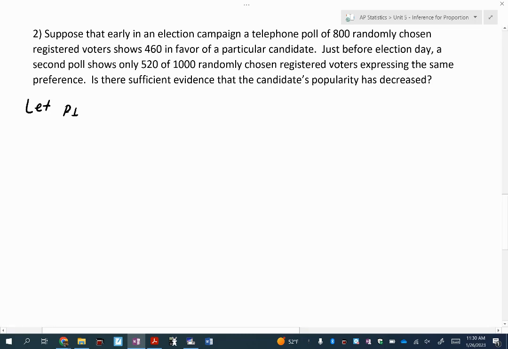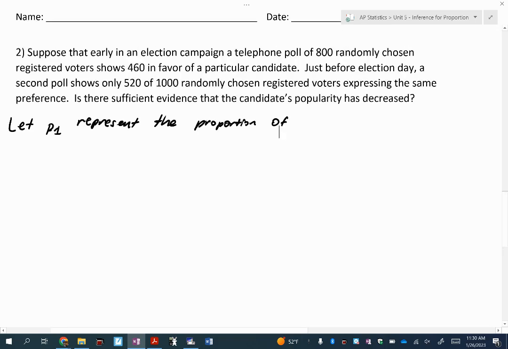So I'm going to do P subscript 1 represent the proportion of registered voters who favor this candidate in the first poll.